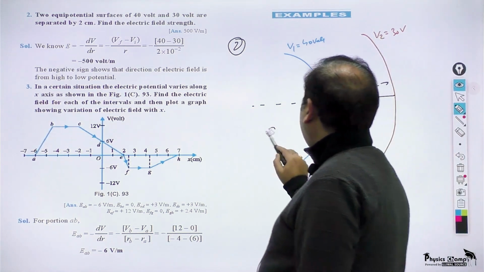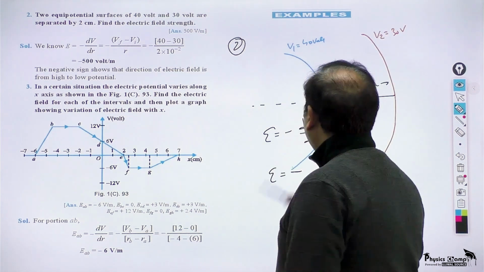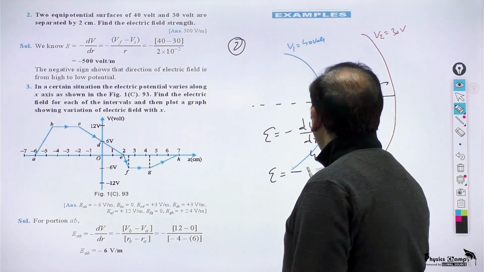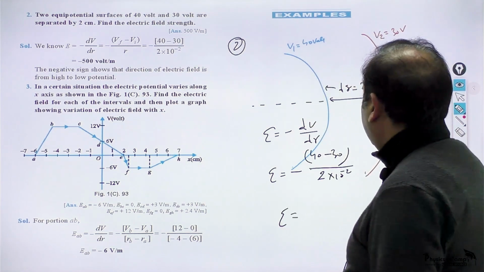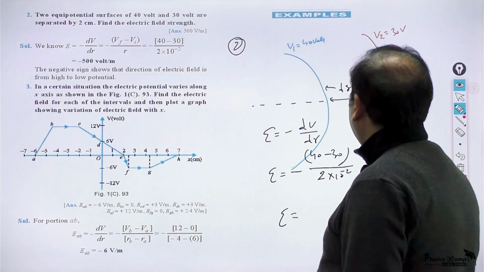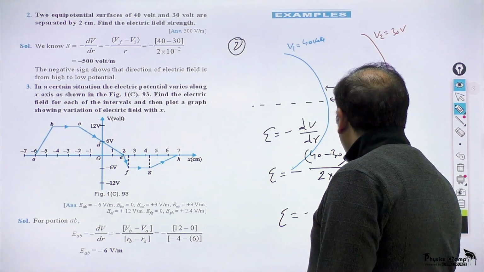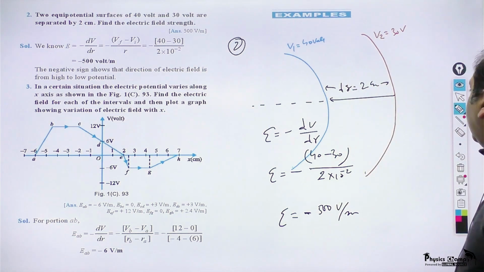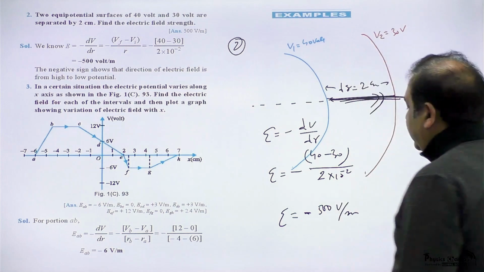Electric field strength is minus dV by dr, where dV stands for 40 minus 30 and dr stands for 2 centimeter. So we get the electric field as minus 500 volt per meter, and this minus sign shows that the direction of the electric field is from high potential to low potential.